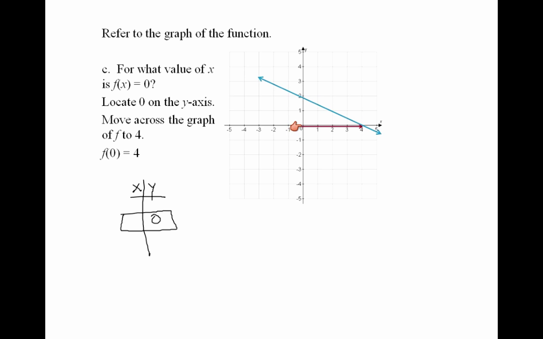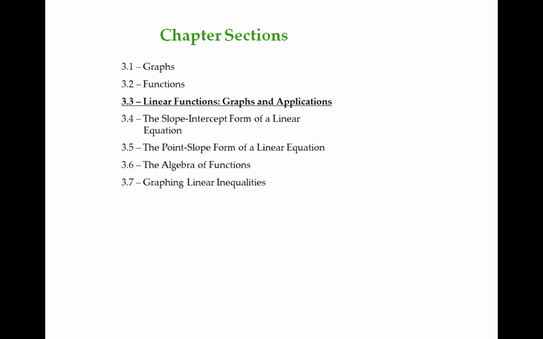It looks like y is 0 here. I'm going to move over here and see where my graph hits when y is equal to 0, which is right there. So in this case, if x equals 4, y is equal to 0. So therefore, f of 4 must be equal to 0. So you can go back and forth with this.